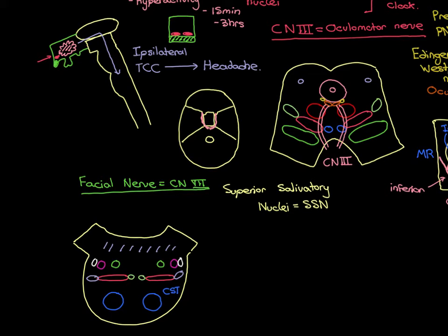And remember the motor nuclei of the trigeminal nerves. When we went through right in the middle, we saw the principal sensory nucleus of the trigeminal nerve, and then just medial to it was the motor nucleus of the trigeminal nerve. So therefore, when we've gone underneath, we are now seeing the spinal nucleus of the trigeminal nerve, and next to it, we're not seeing the motor nucleus anymore, but we're seeing the facial nerve nucleus.